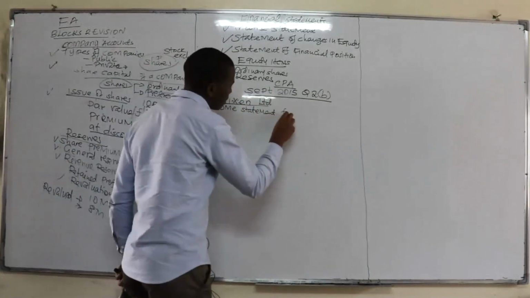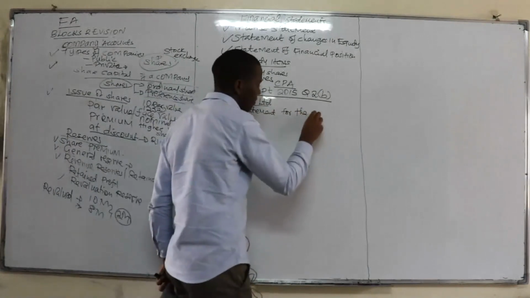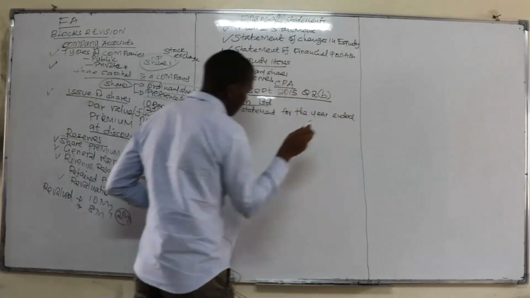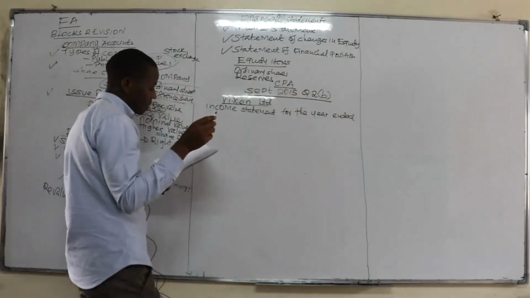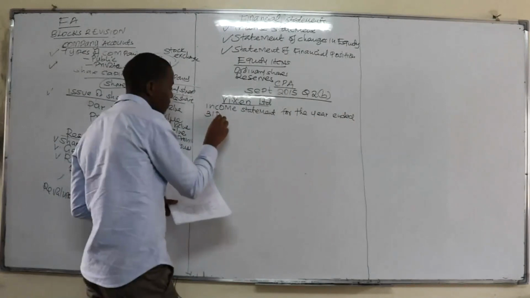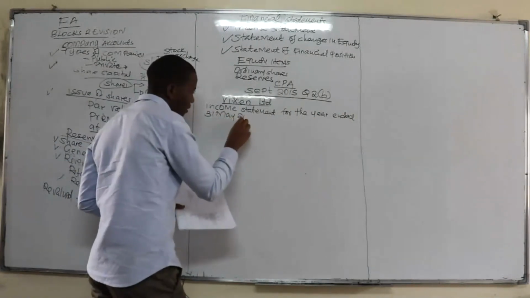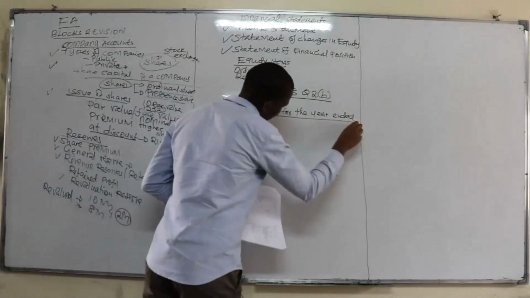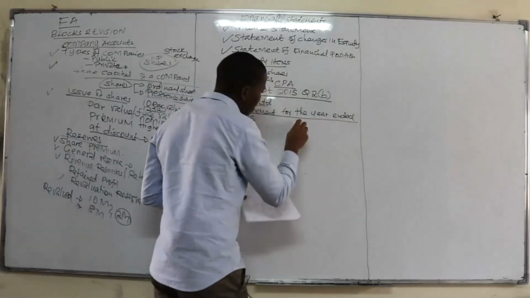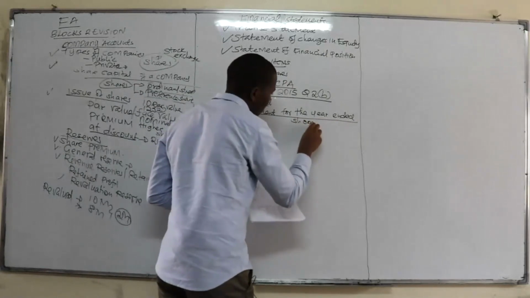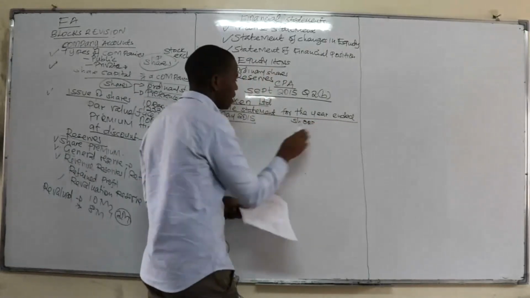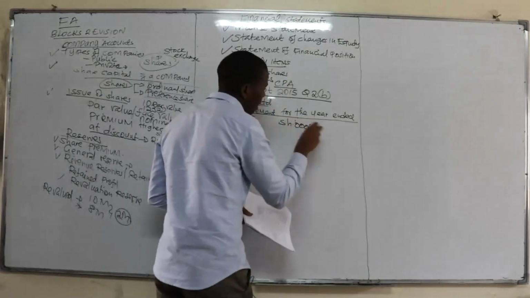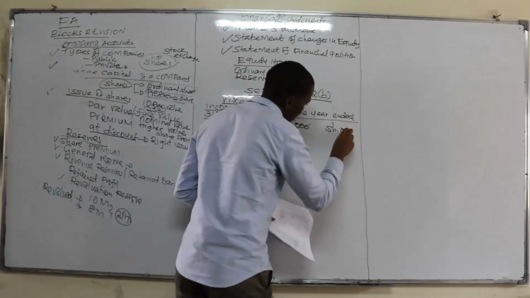Income statement for the year ended 31st May 2015. That is how you're supposed to begin it. So shillings in this case is given in thousands. So we'll have shillings in thousands, and also shillings in thousands.